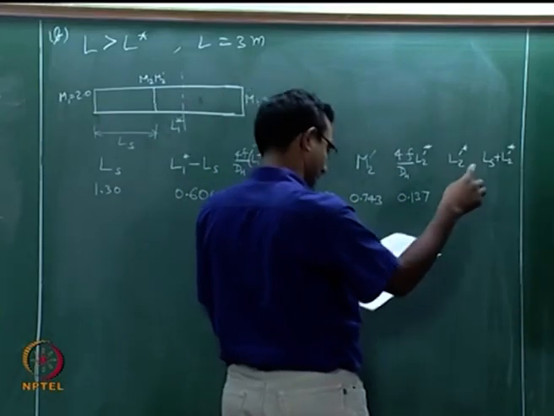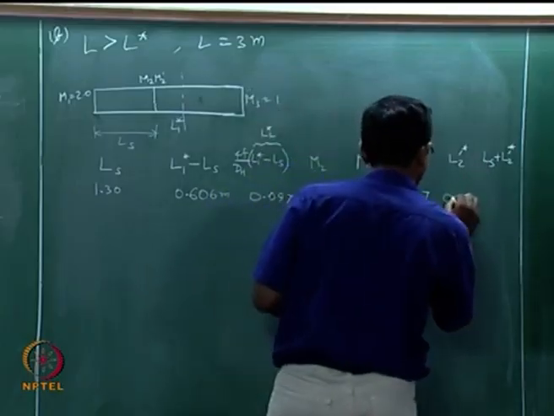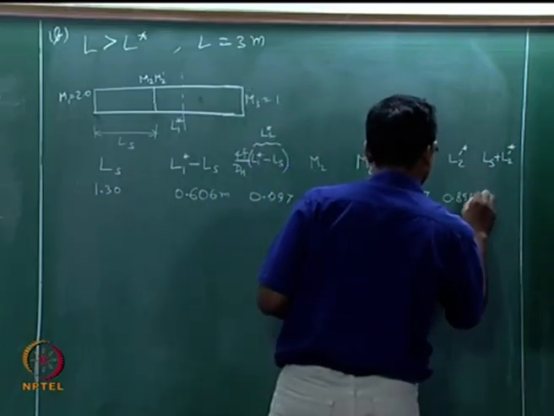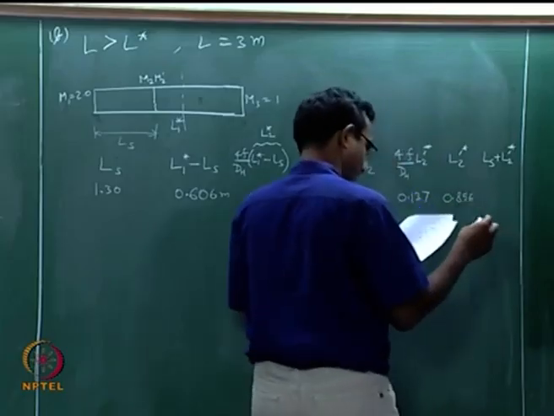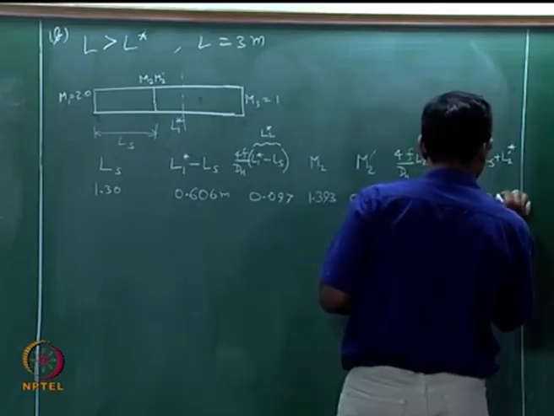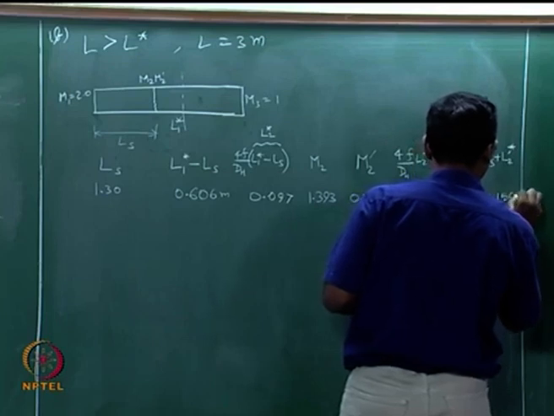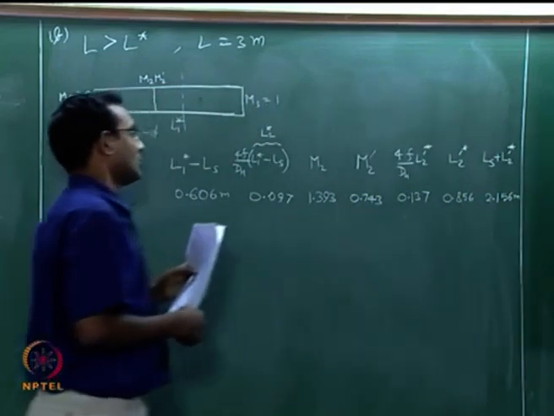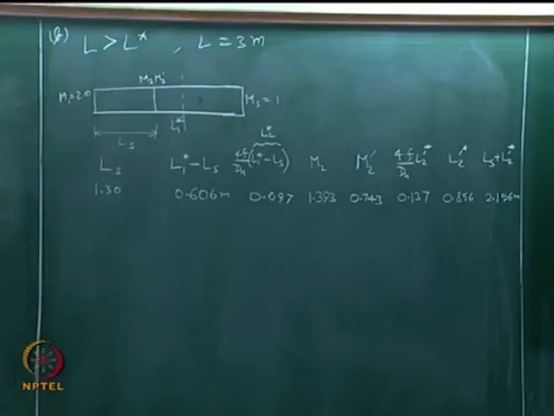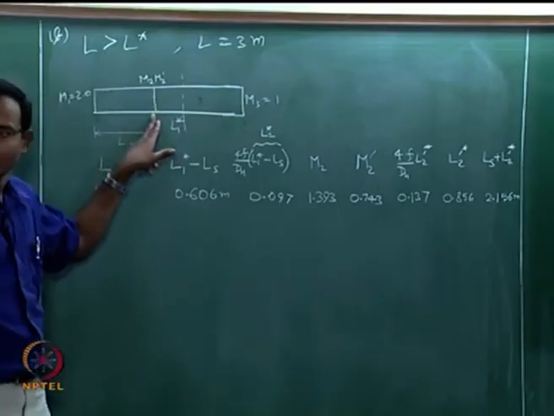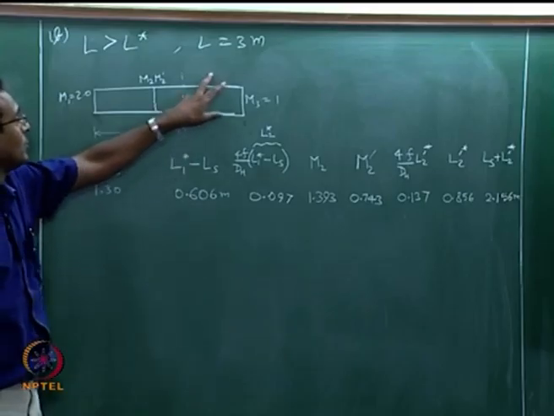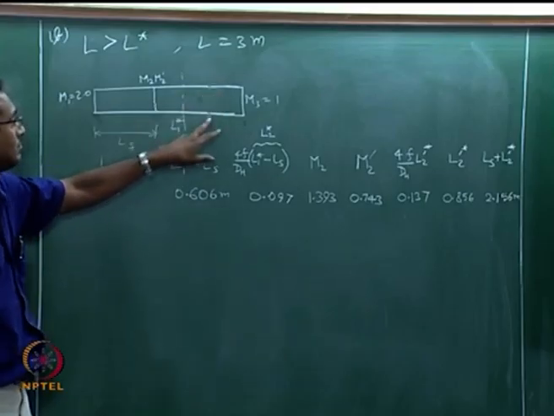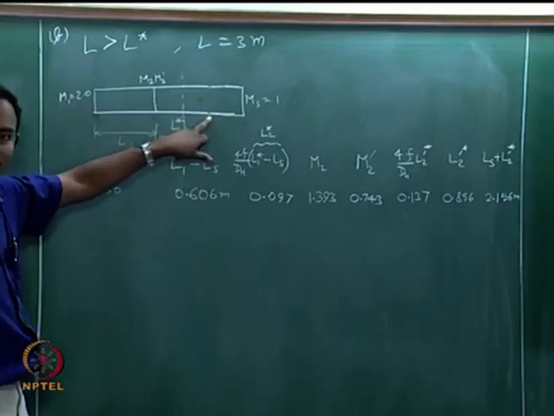From here I will calculate my L2 star, 0.856. Now I have to add Ls plus L2 star, that comes out to be 2.156 meters. So, I am finding that when my shock is here, my duct becomes M equal to 1 somewhere here itself, that is what I find in this case.